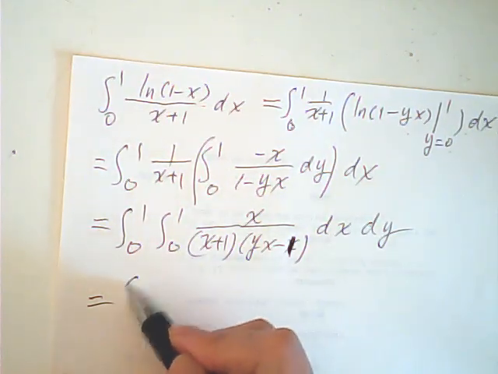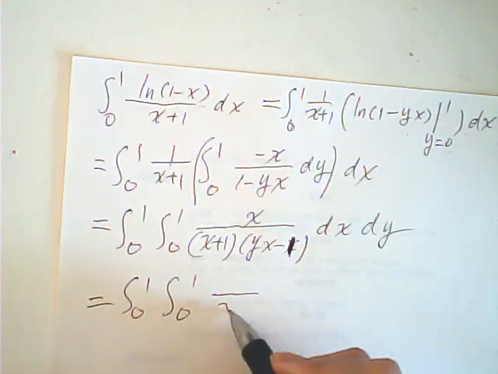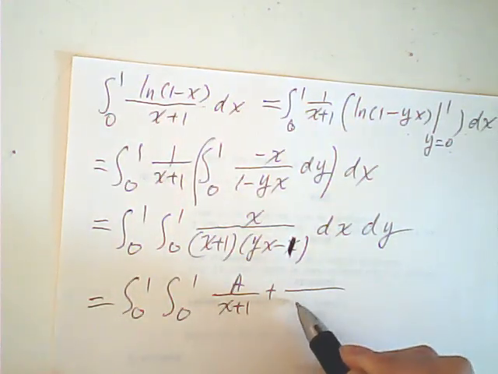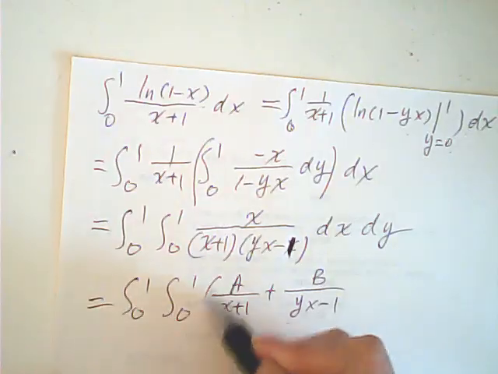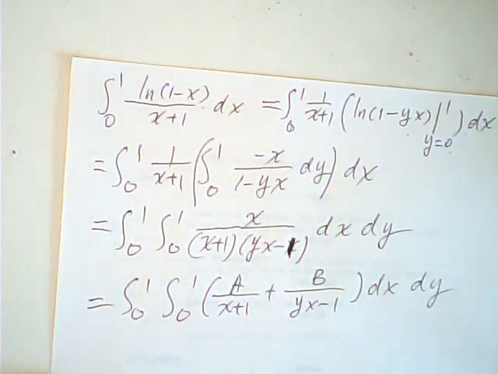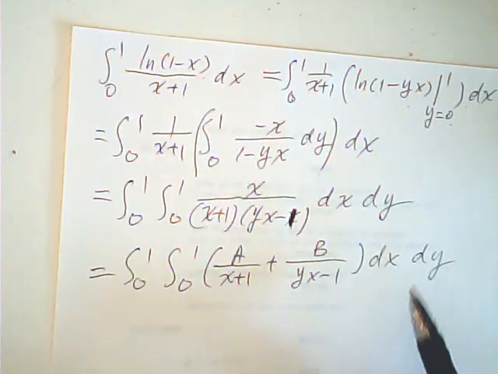Then this one equals the integral from 0 to 1, 0 to 1, of a over x plus 1 plus b over yx minus 1, dx, then dy.